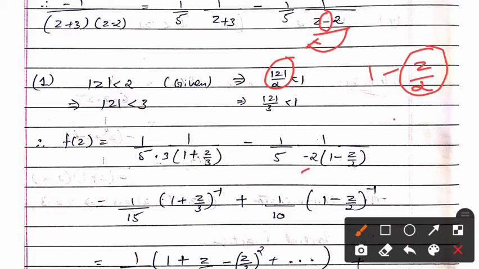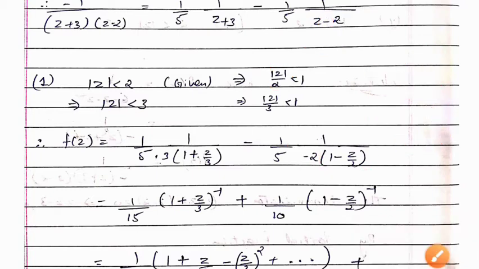If I take 2 common out, then I get z by 2 minus 1. But what I want is 1 minus z by 2, so I have to take minus common. If I take minus common, then I get 1 minus z by 2.